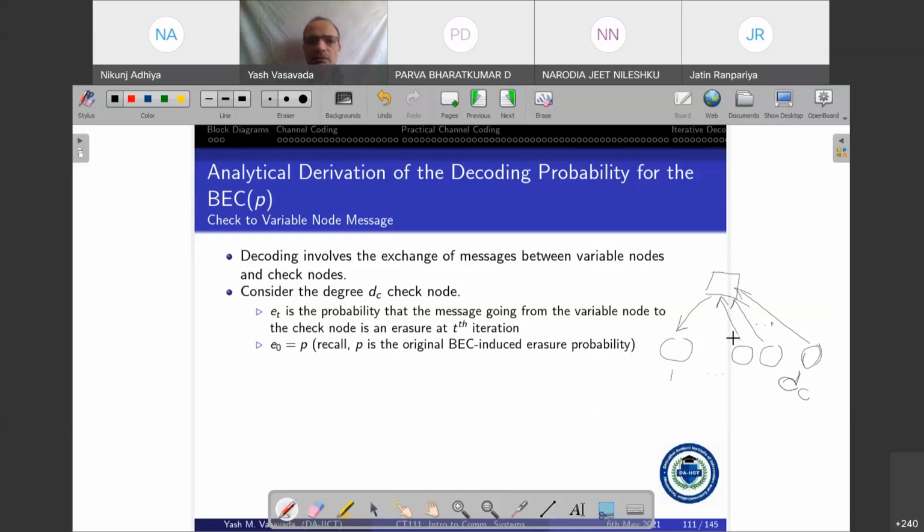And let us assume that the probability of erasures coming from the variable nodes to this check node on the Tth iteration is P of T. And so T is the iteration count. So when T is equal to 0, that is the start of the iteration, the probability is P, the erasure probability of the channel itself.